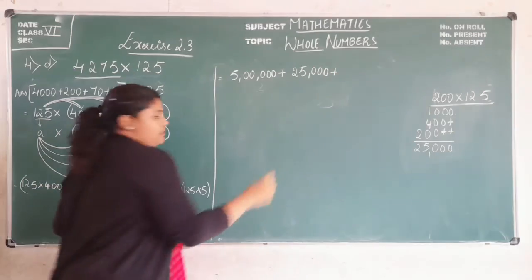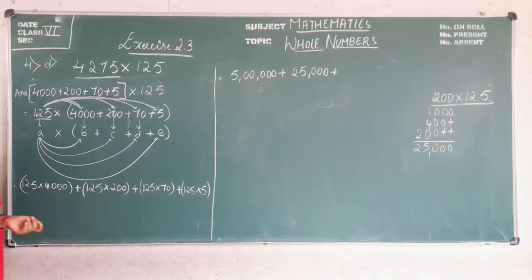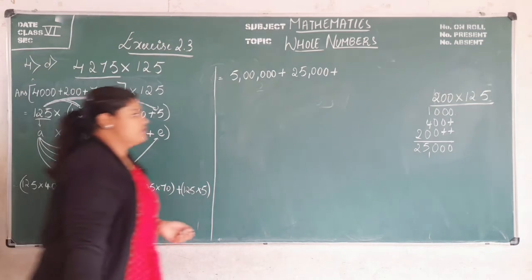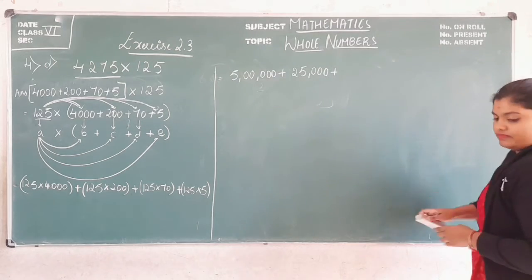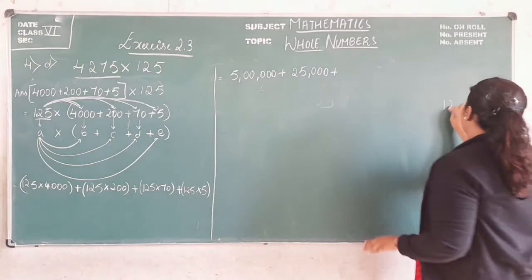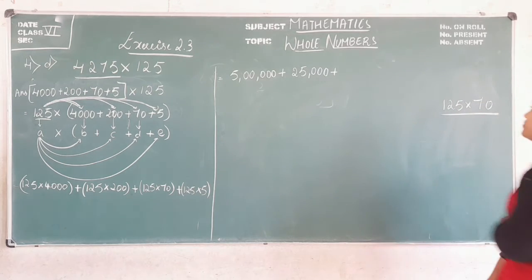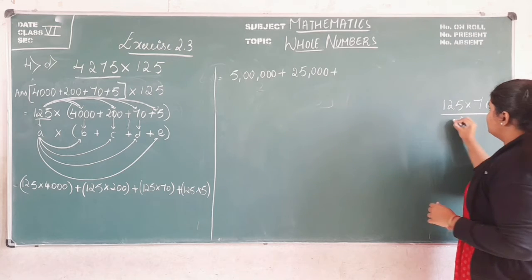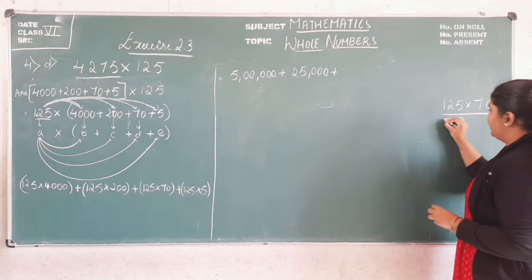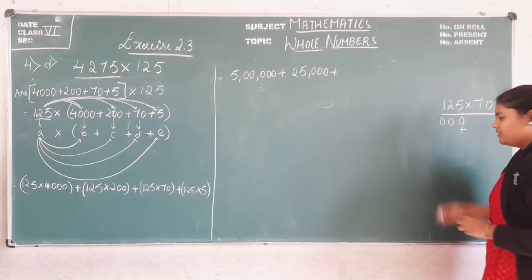Next I had a plus sign, so I have placed a plus sign. Next we have 125 into 70, so we shall multiply 125 into 70. 0 5s are 0, 0 2s are 0, 0 1s are again 0. So plus, what is 7 5s? 35.